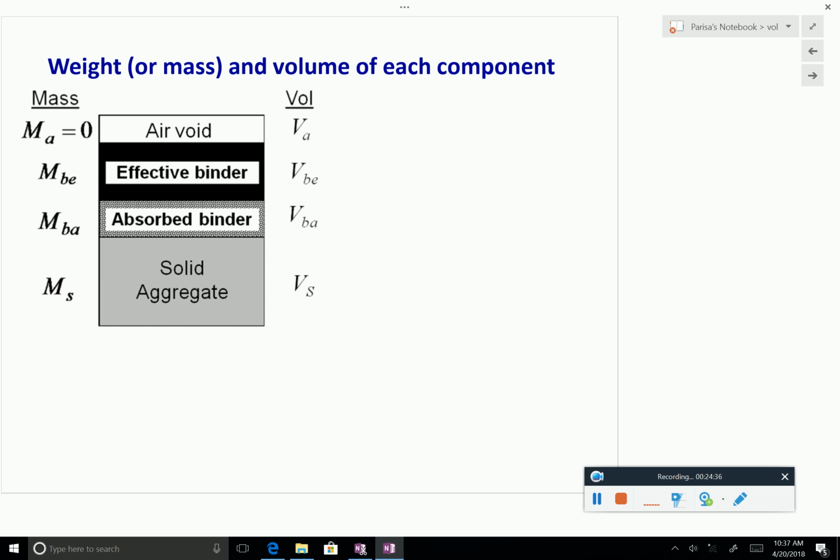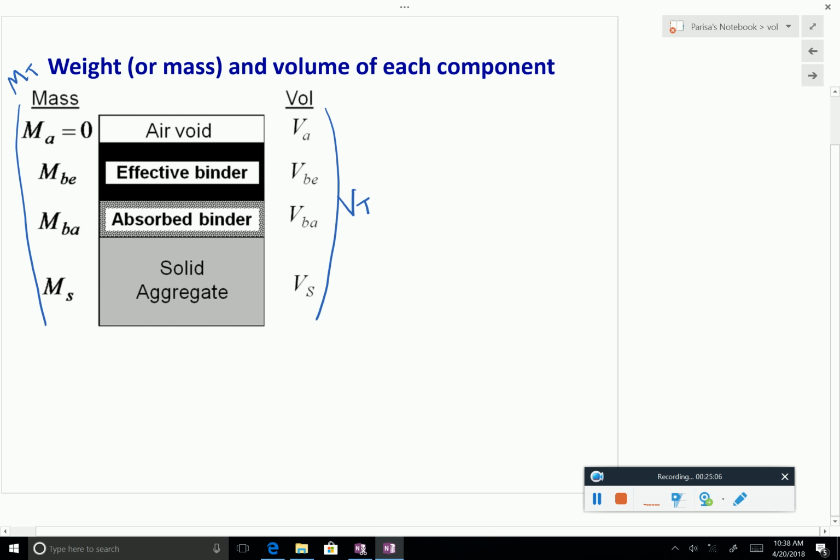And what connects them together, remember, is always some sort of density. That's what we know. And look at the notation. So BE, BA, and then MS, VS. And then the total is V sub T. For the mass, the same.